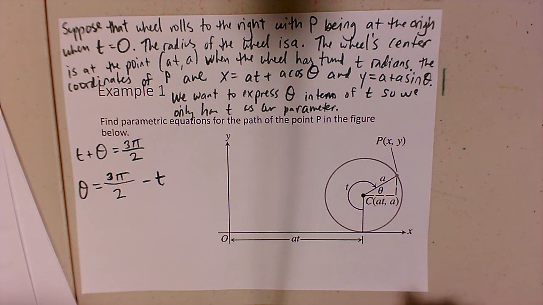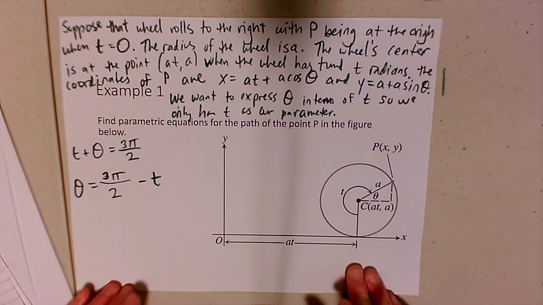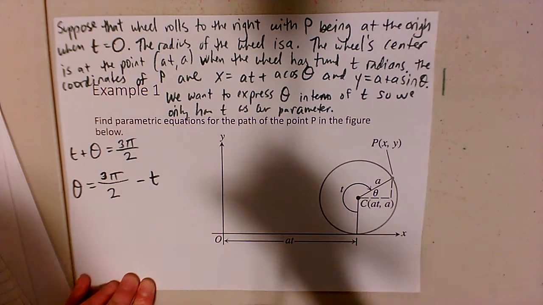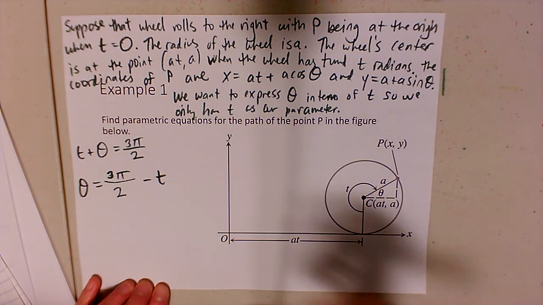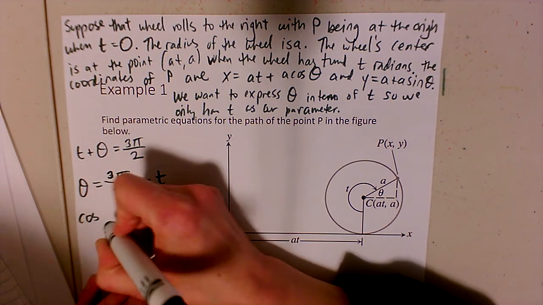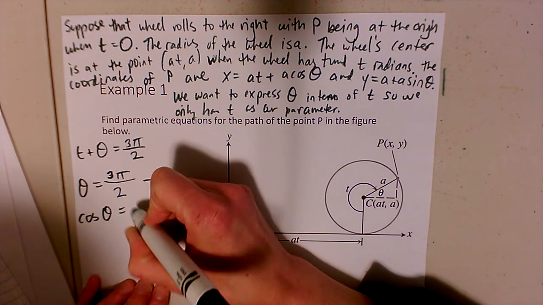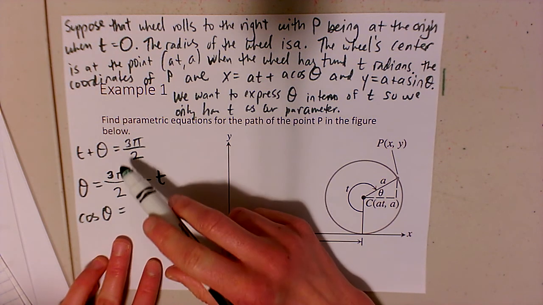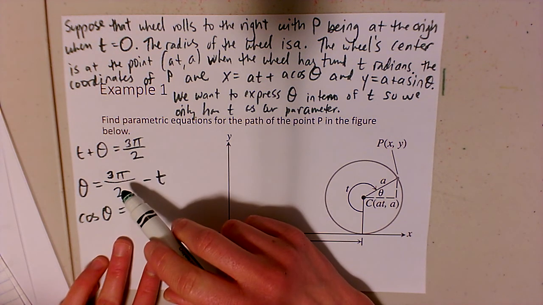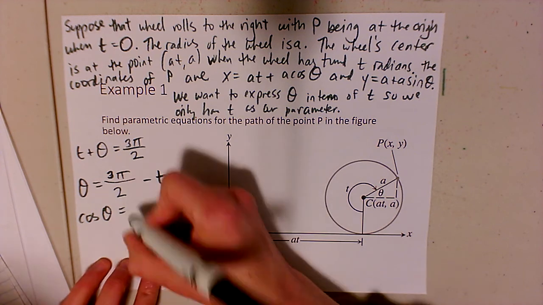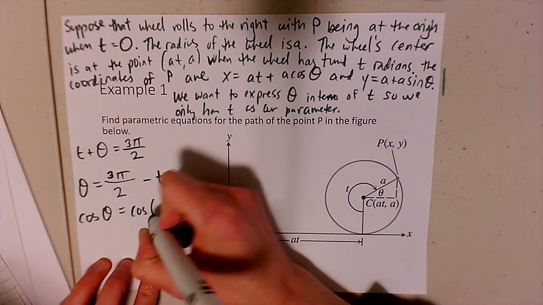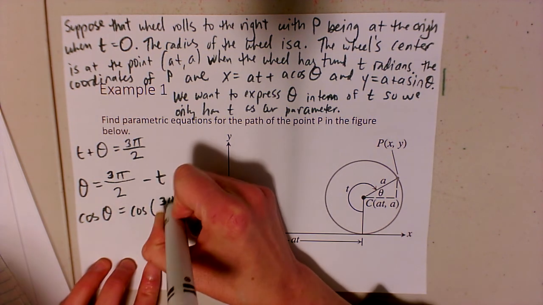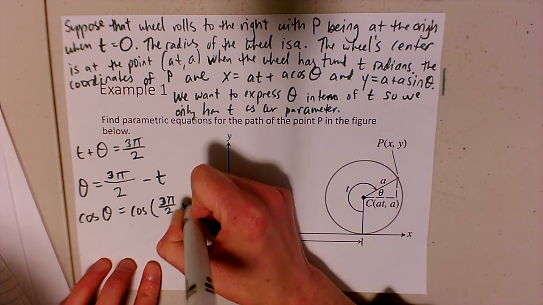So then we can write some trig identities, okay? And so we know that the cosine of theta, well, if theta is 3 pi over 2 minus t, that's just going to be the cosine of 3 pi over 2 minus t.